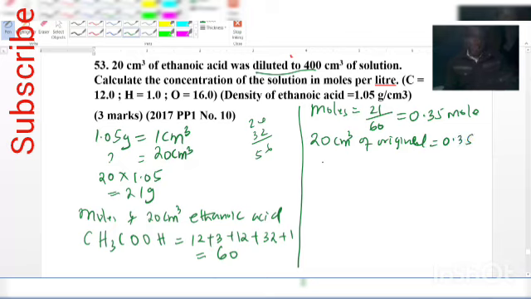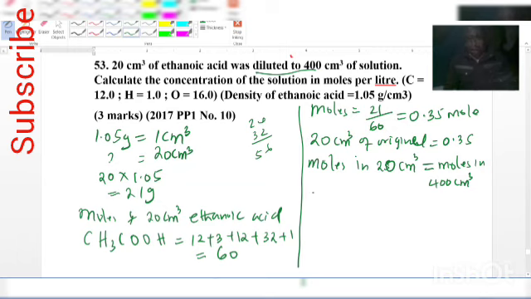When you dilute a solution, moles do not change. Therefore, moles in 20 centimeters cube ethanoic acid will be equal to moles in 400 centimeters cube. What changes is the concentration and not the number of moles.